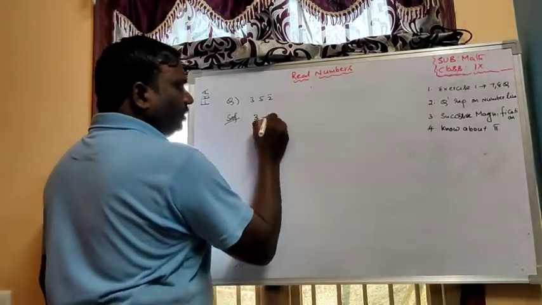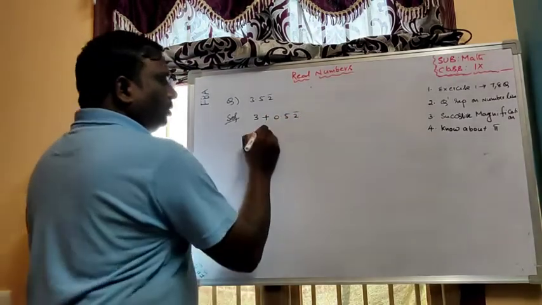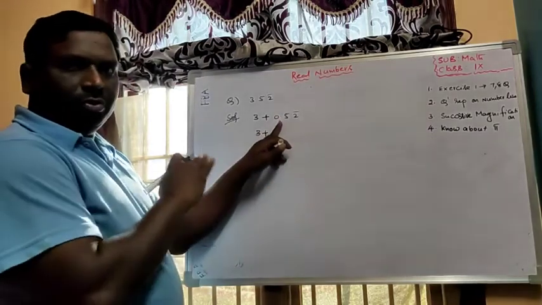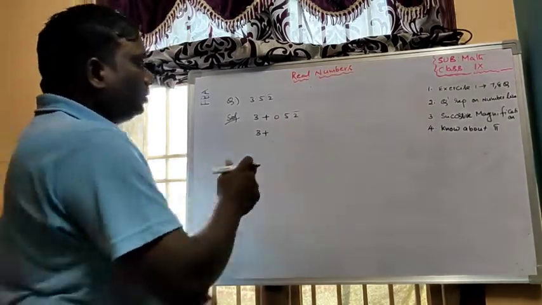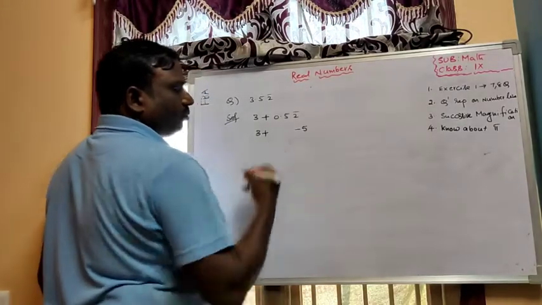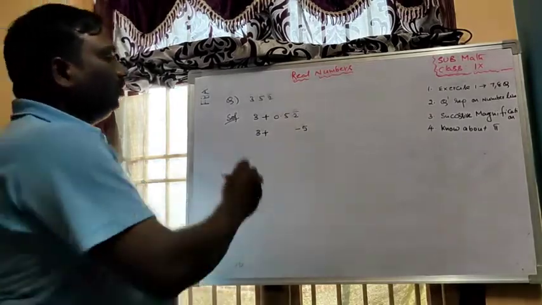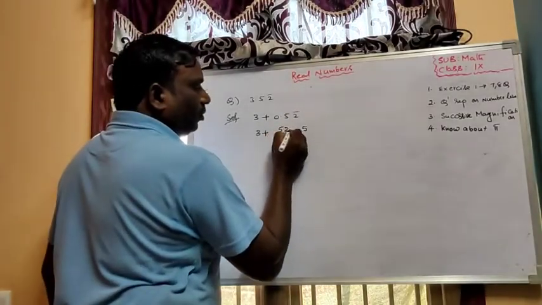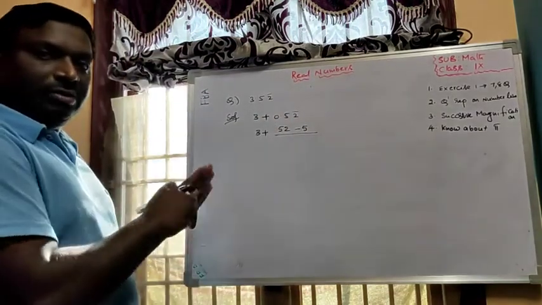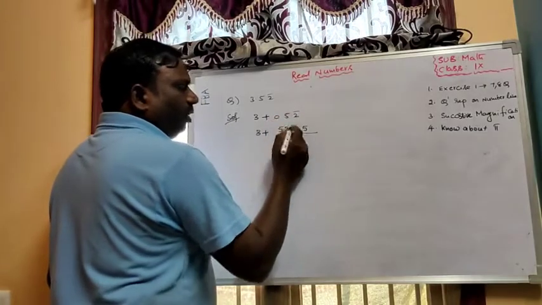First we should change 3.52 into 3 plus 0.52 with 2 bar. Again the same method as the earlier model examples. We have to subtract 5 from the total number 52. Why are we subtracting 5 here? Only the non-recurring digit we subtract from the total digits. How many digits are repeating?